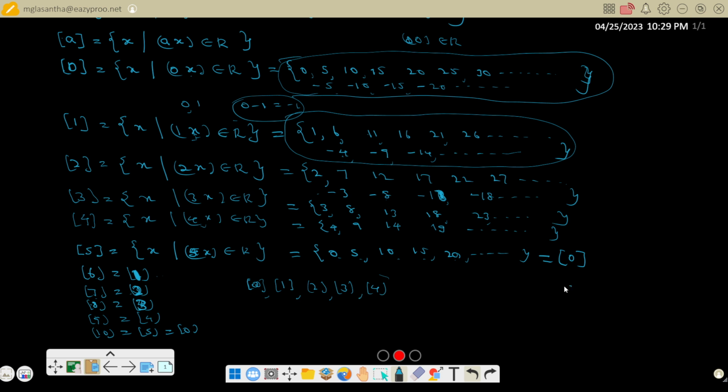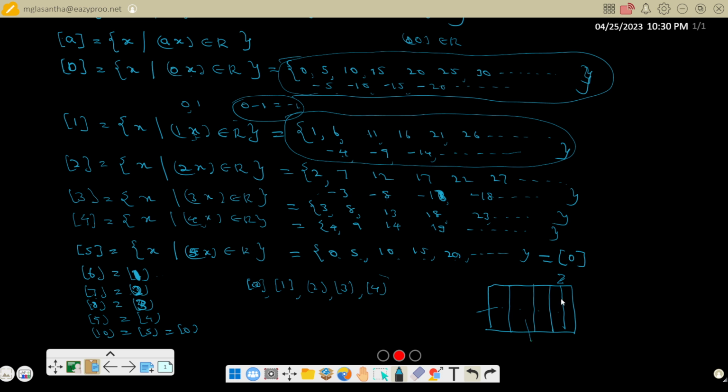So if you take the entire set of integers, you can divide it into 5 partitions like this: 1, 2, 3, 4, 5. This is also an infinite set.